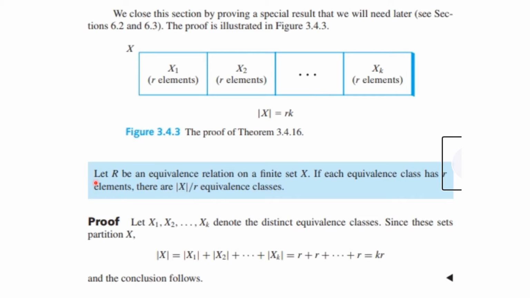So if R is an equivalence relation on a finite set X, then each equivalence class has r elements, and if each equivalence class has r elements, then there are the cardinality of X divided by r equivalence classes, and that follows from the discussion that we've just had.